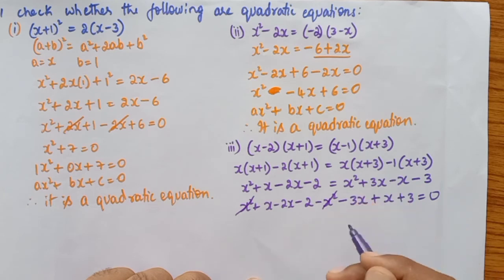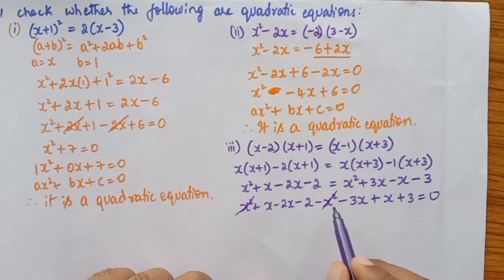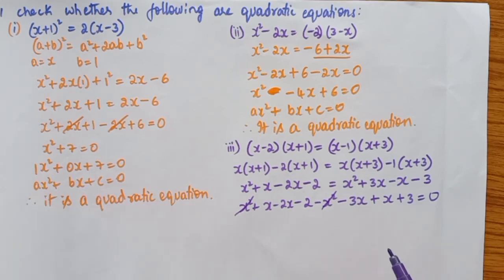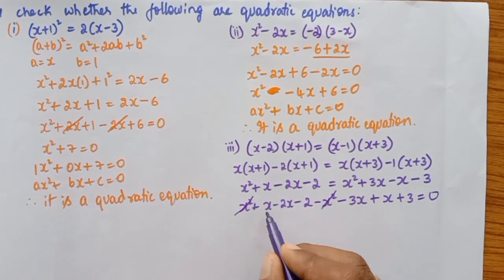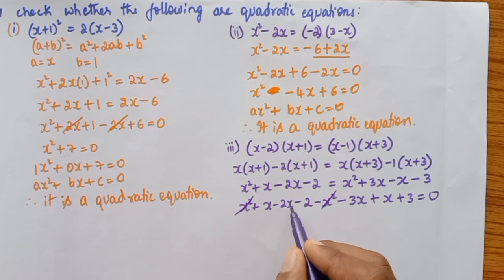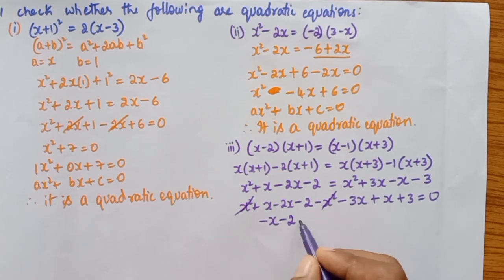If you solve this further also, what you will be getting here is, you can't get a term of degree 2. x minus 2x is minus x minus 2.